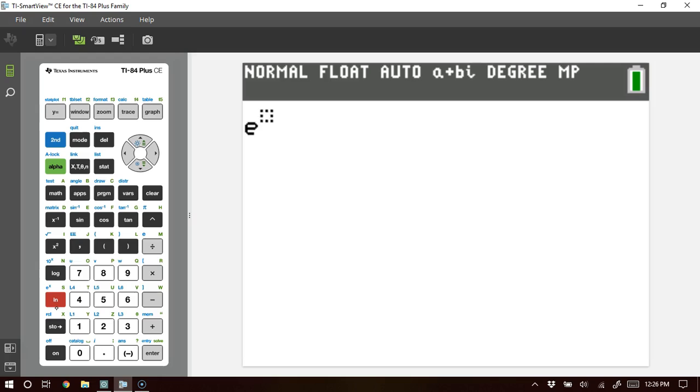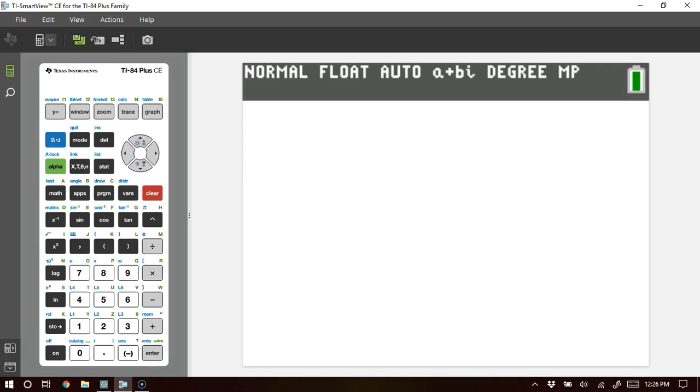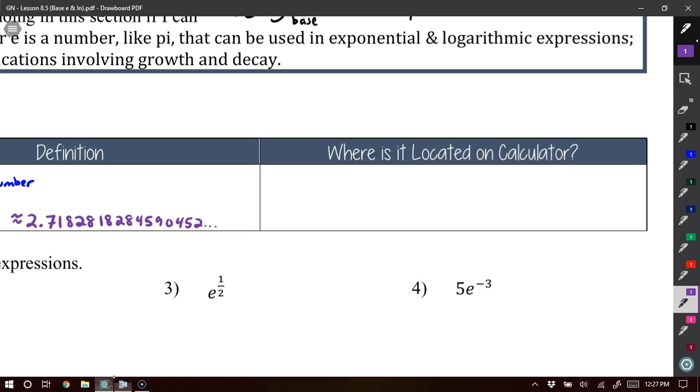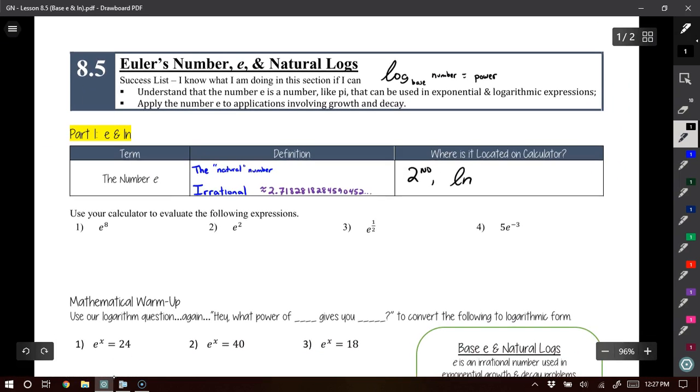If I want to know what is e, I'm going to do e to the first power and hit enter: 2.718281828, and so on. It doesn't have a pattern, it goes on forever. So it's located second ln on our calculators.